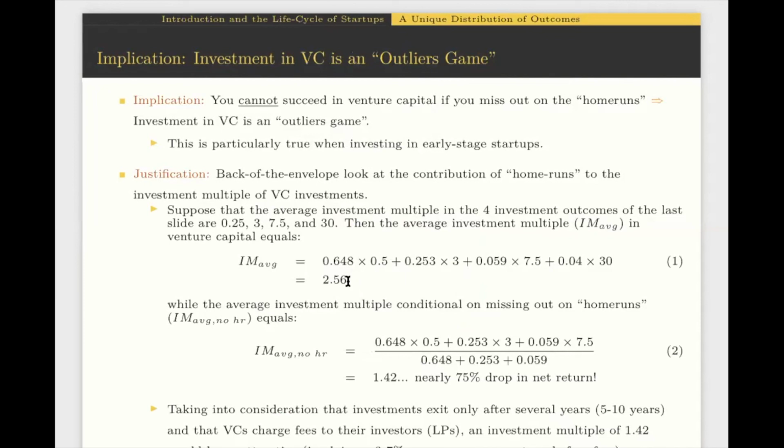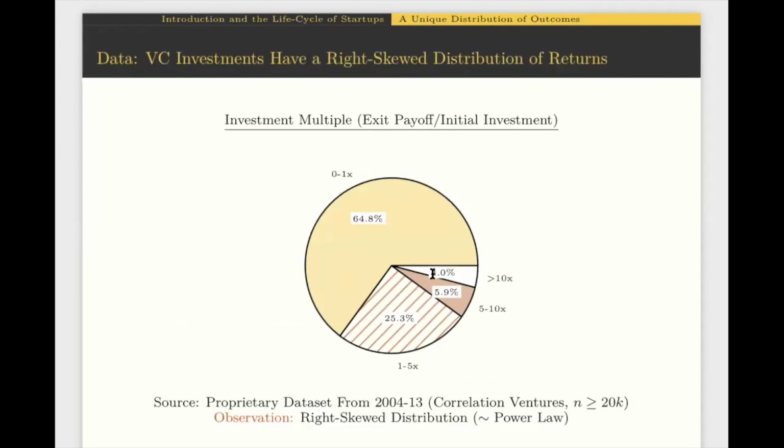If you've got a VC fund that only makes what we call these checklist type investments in startups, so they only invest in a startup if it looks relatively attractive in almost every dimension, those startups are not going to tend to generate these home run type returns. And the reason for that is because the startup looks attractive on almost every dimension, right? Many people are going to be willing to invest in that startup. And since many VCs are going to be willing to invest in the startup, what is that going to do?